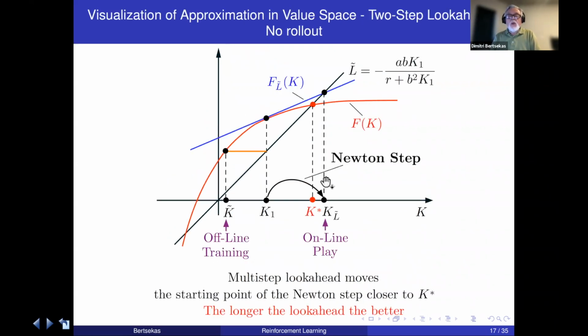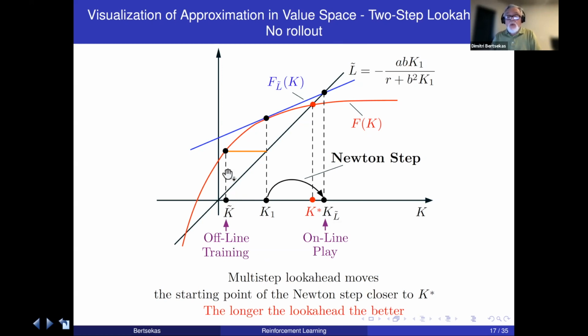And now let's look at the approximation in value space, two-step look ahead, but no rollout. Let's say that offline training gives us a k tilde that is right here. One step look ahead would go over here and then do a Newton step and come down here.